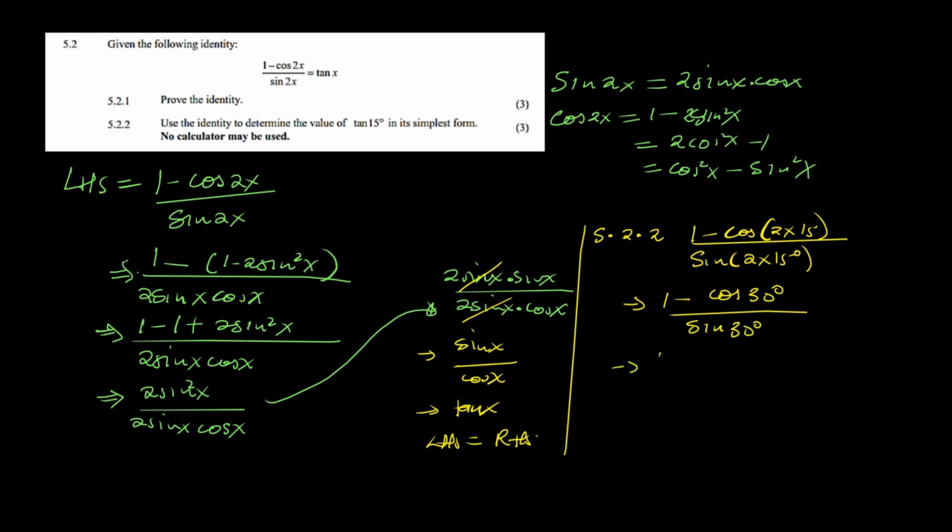We know that cos 30 is root 3 divided by 2. We divide everything by sine 30, which is half. Then you calculate and get the final answer. That's how you solve that problem.